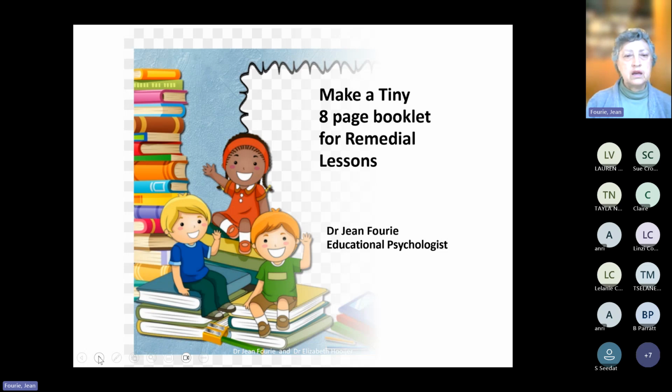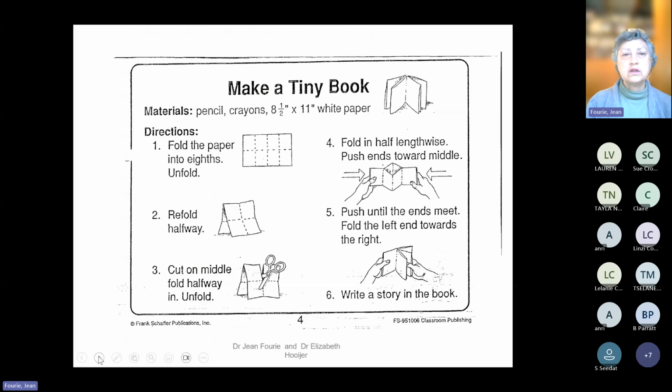You make an 8-page book, a little tiny book, from one A4 piece of white paper, and the directions are here in the slide, and I will also put a link to a short video that I made to show people how this works.